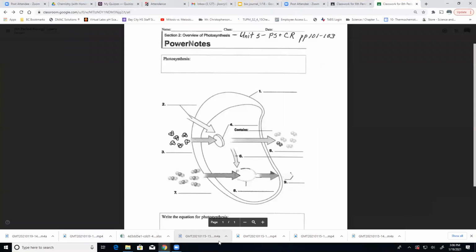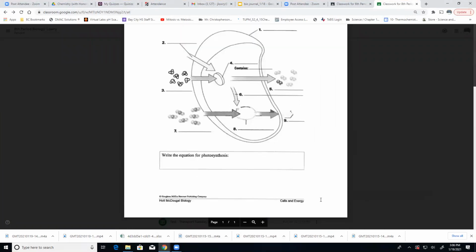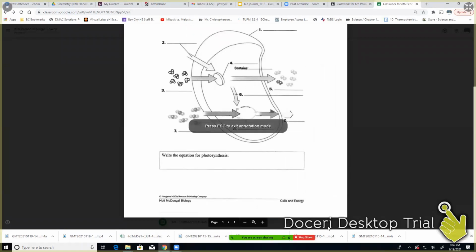All right, so if we go down, then we just need the box, which we've already done, but we'll write it here again. This is our photosynthesis equation, one of the ones you're going to need to memorize. So you have 6CO2 plus 6H2O.